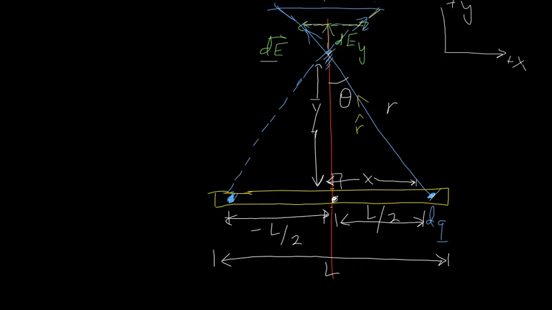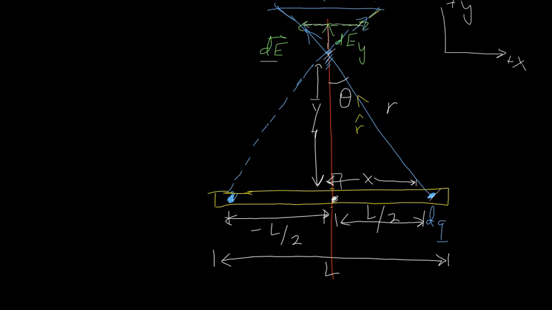So we need to resolve that entire vector dE into xy components. This is where the diagram matters. If you notice, we have the horizontal leg, the x, and the vertical leg, the y. The hypotenuse is going to be r equals the square root of x squared plus y squared, as I said.